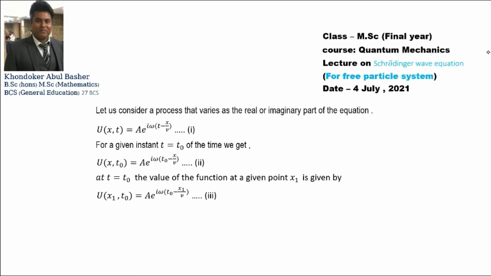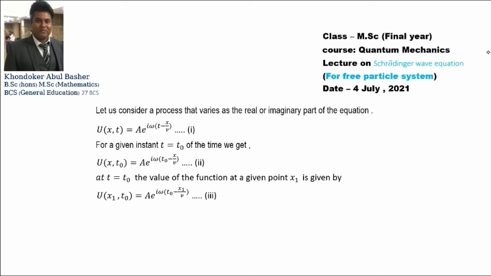At t = t0, the value of the function at a given point x1 is given by u(x1,t0) = A e^{iω(t0 − x1/v)}. That is equation 3.